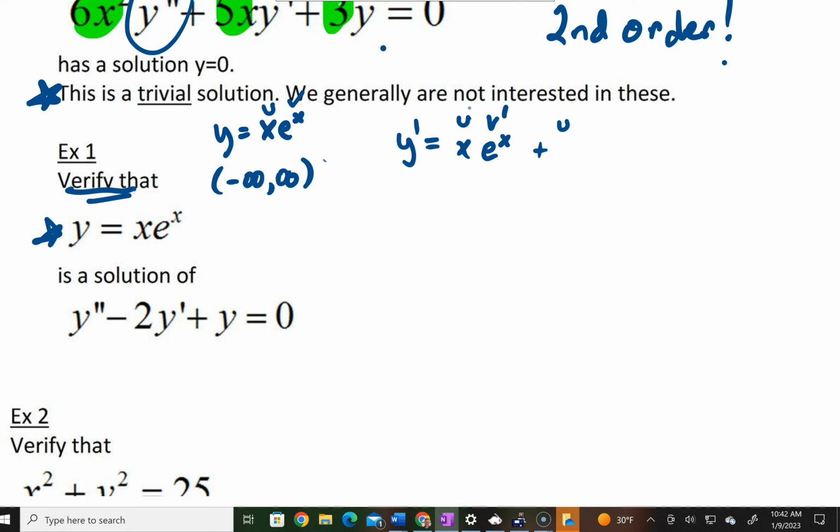Then we'll have u prime v, and u prime v, well, that's just 1 times e to the x. And without too much work, you've got that. We doing okay?